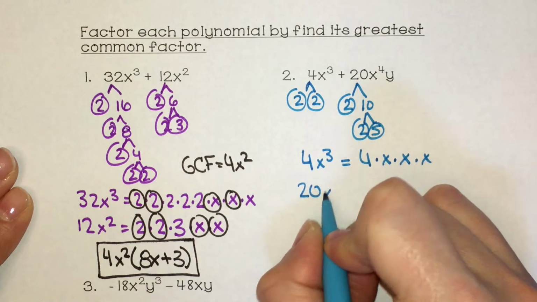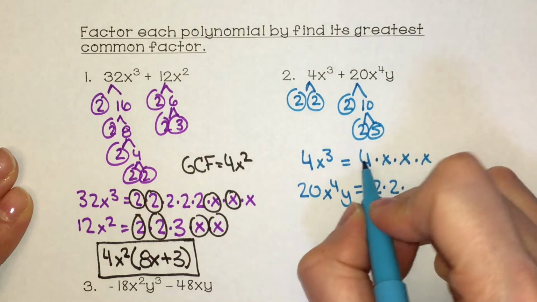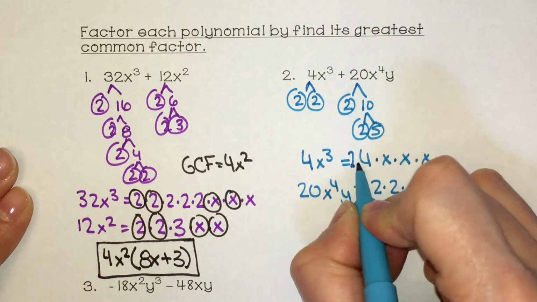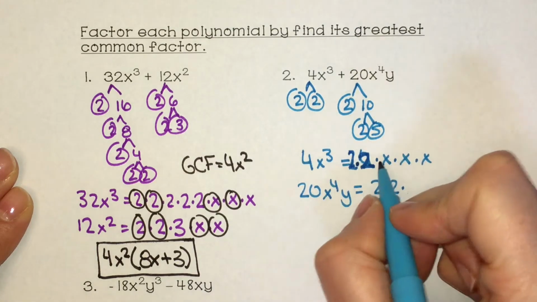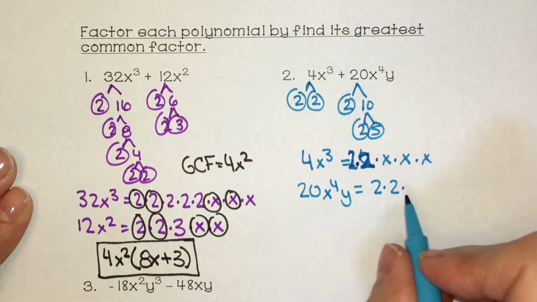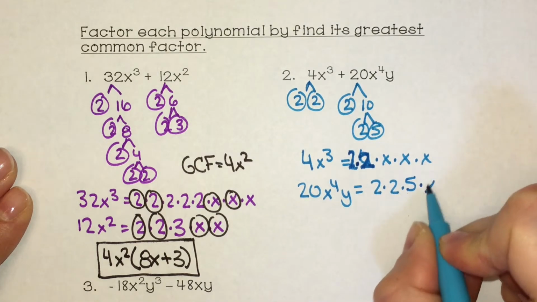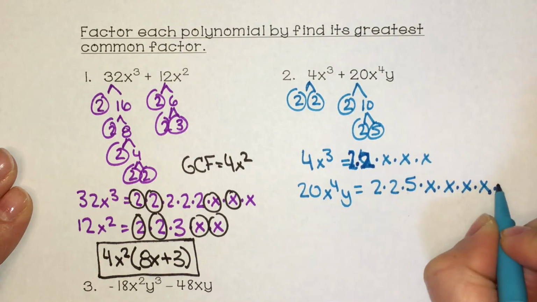And 20x to the 4th y is 2 times 2 times, sorry, I didn't break down this 4. That was 2 times 2. I factored up here and didn't bring it down. So 20x to the 4th y is 2 times 2 times 5 multiplied by x to the 4th, so x times itself 4 times multiplied by the y.